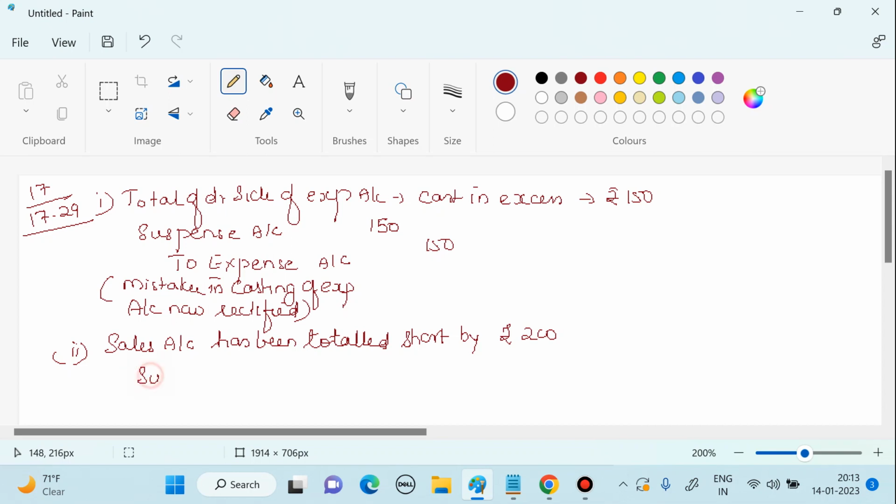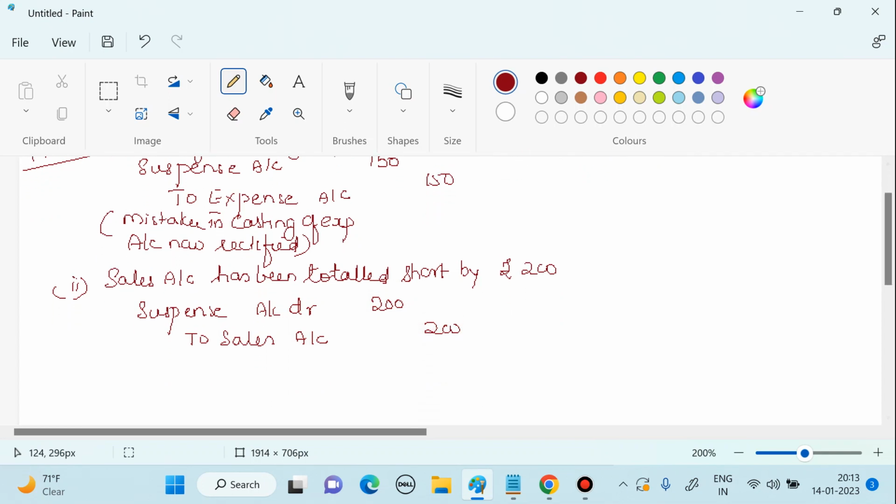So suspense account debit to sales account, 200. Sales account totaled short, now rectified.